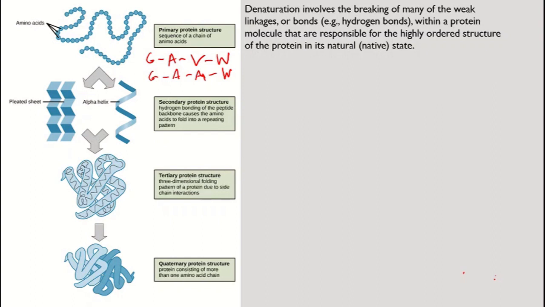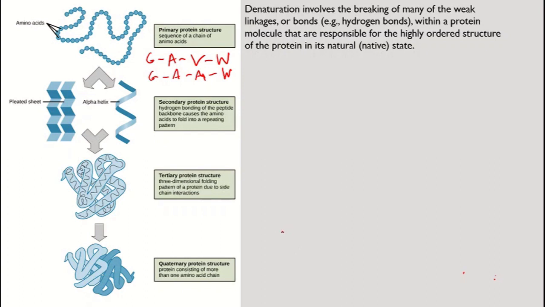Now that we understand tertiary protein structure, let's talk about quaternary protein structure. I don't really like this Khan Academy explanation of a protein consisting of more than one amino acid chain. I think it's easier to remember by thinking about it in terms of tertiary protein structure subunits. You can't have tertiary structure without having secondary or primary structure.